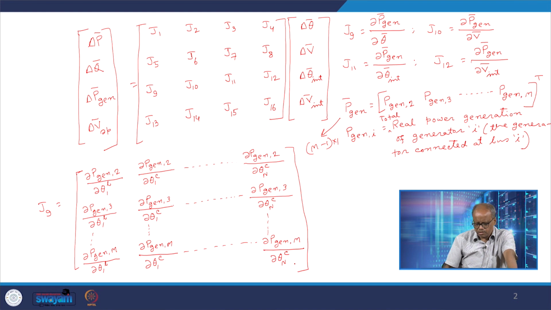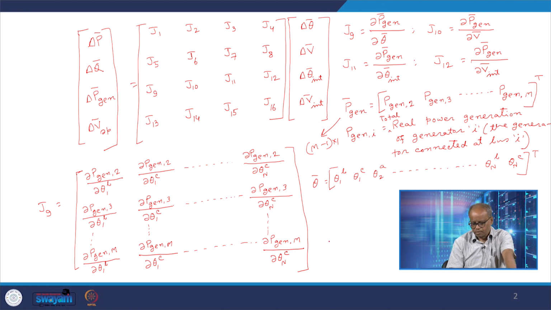The reason for this is that we again recollect that this theta vector is essentially theta 1 b, theta 1 c, then theta 2 a, dot dot dot, theta n b, theta n c, transpose.